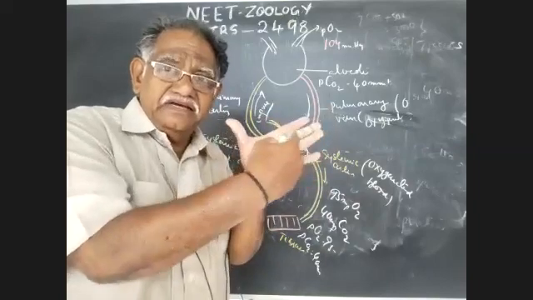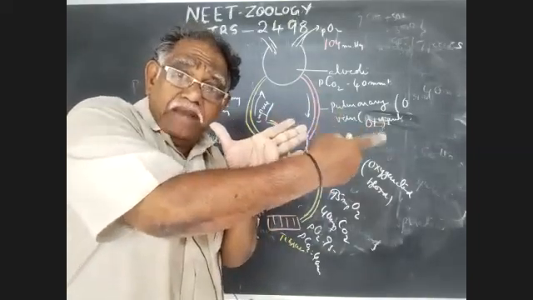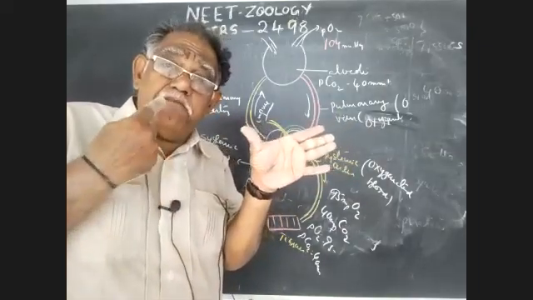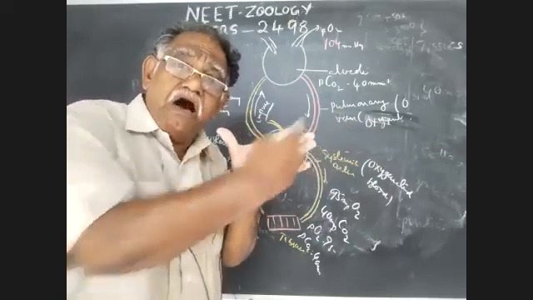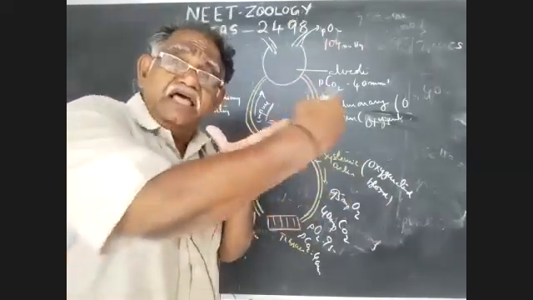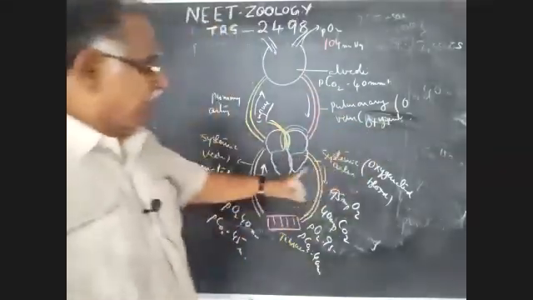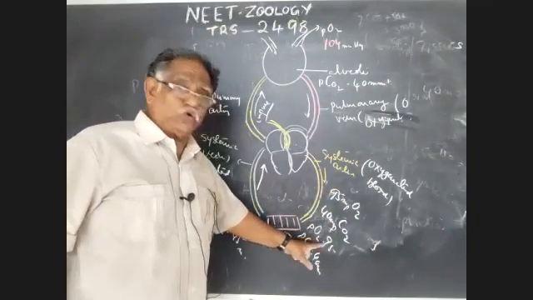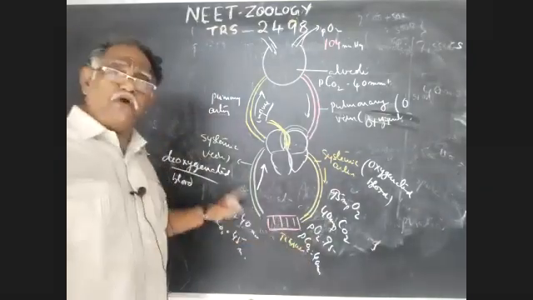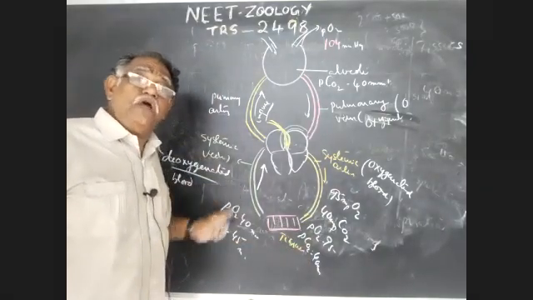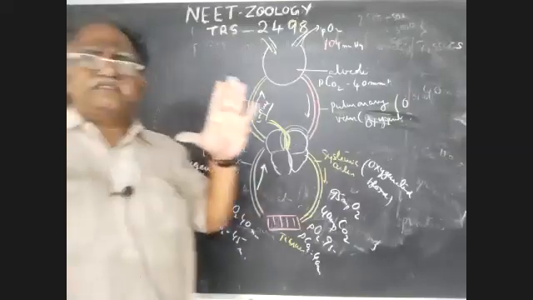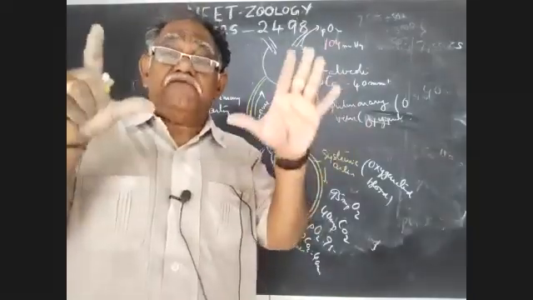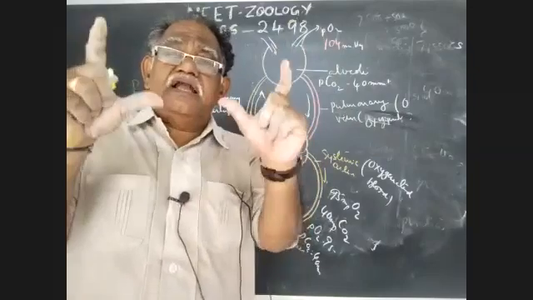At the other end, carbon dioxide is released into the deoxygenated blood. That's why the blood supplied to the tissues has high PO2 and low PCO2, and the blood coming out from the tissues has low PO2 and high PCO2. All these points may be asked as find the correct sentences. If you know the concept, you can answer these analytical questions very easily.